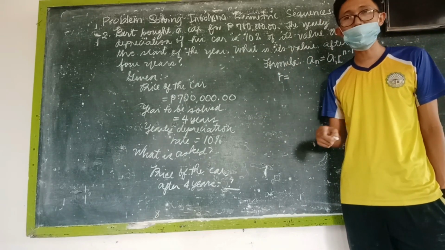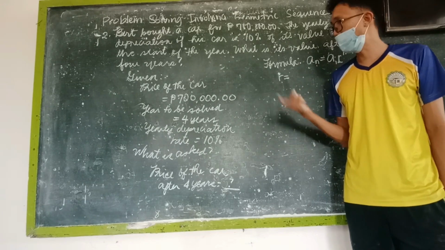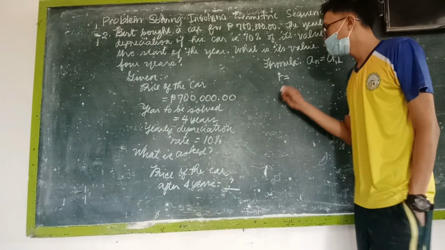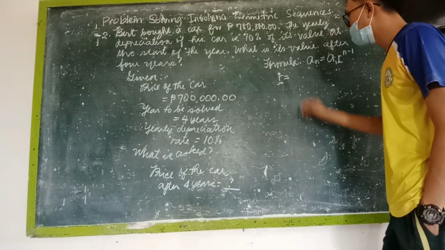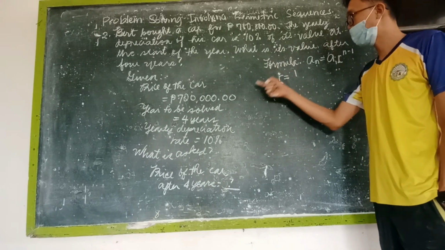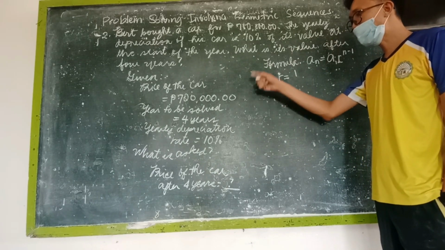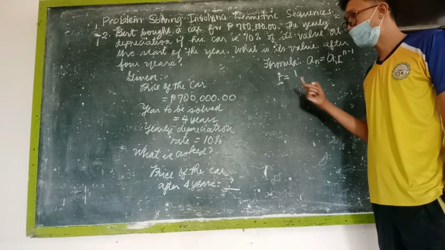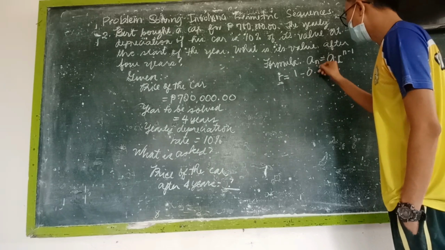So ang pagbaba ng value ng kotse na may worth na 700,000 pesos. So, ang R dapat natin supposedly is, for example, meron tayong 1 whole amount na 700,000. Ngayon, i-depreciate natin siya ng 10% after a year. So, mag-minus tayo ng 10% dito.